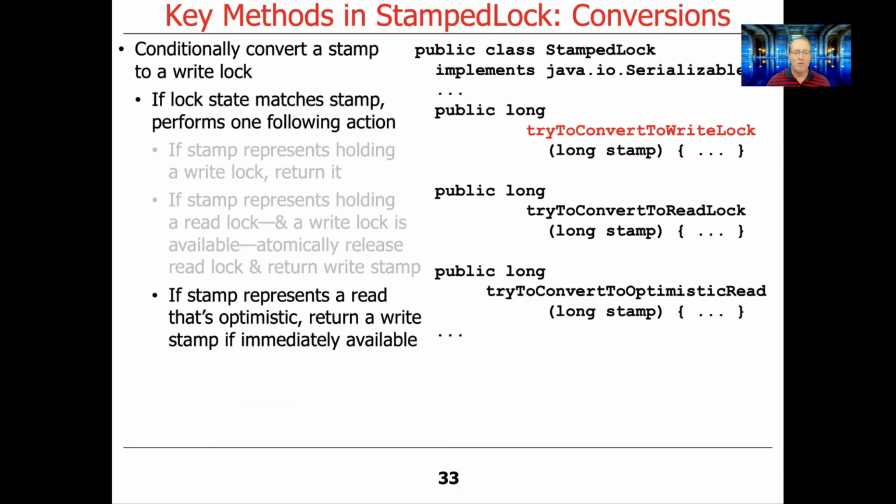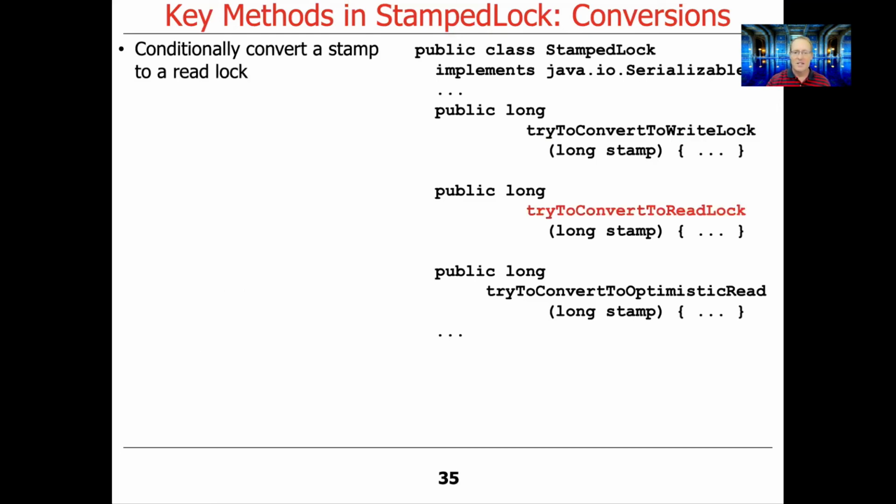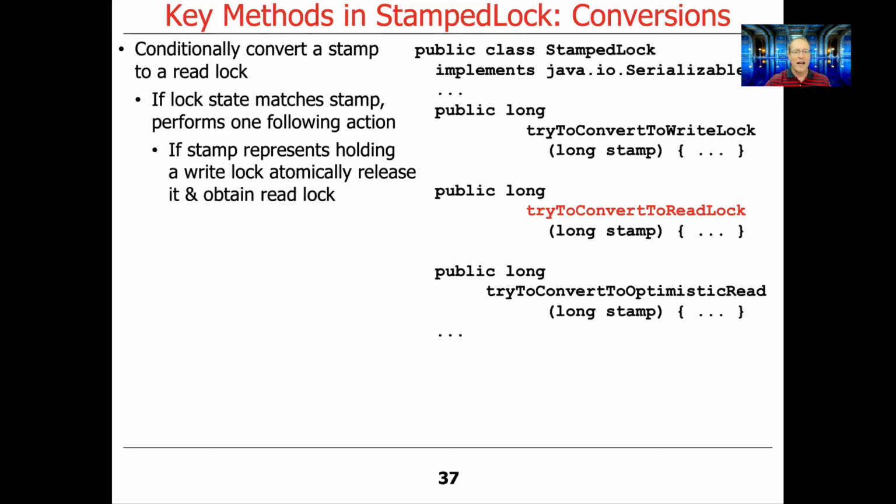If the stamp represents an optimistic read, then return a write stamp if there's one available immediately. Otherwise, if it's not available immediately, then you return 0, indicating we weren't able to do that atomic conversion. Let's now talk about tryConvertToReadLock. So this will check the stamp that's passed as a parameter and perform an action.